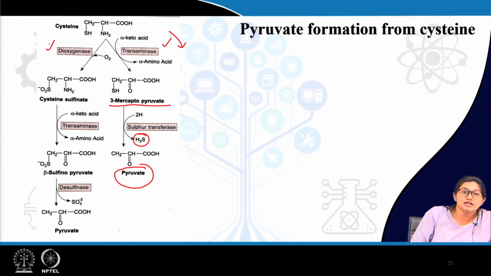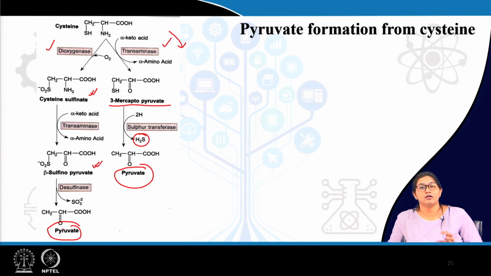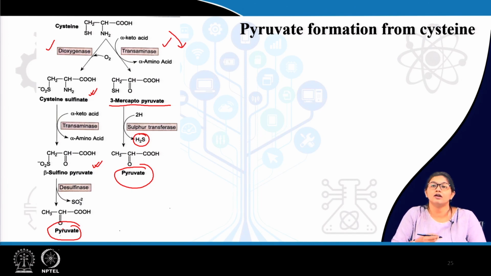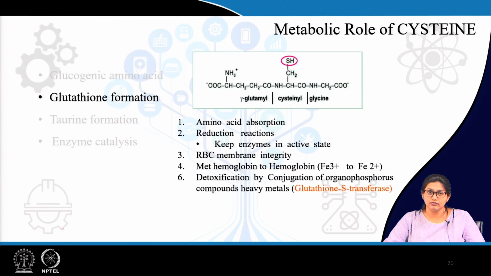Here you can see there is formation of cysteine sulfinate that forms sulfinylpyruvate. Finally, pyruvate is formed. So, this is how pyruvate is formed from cysteine. Once again, remember methionine and cysteine, both sulfur containing amino acids, can contribute to the TCA cycle, which is why they are glucogenic amino acids. Cysteine forms pyruvate, whereas methionine forms succinyl coenzyme A.